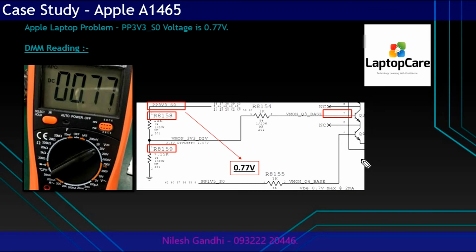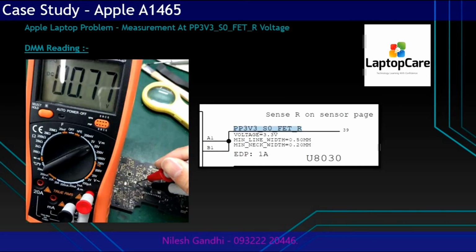Hence in turn the path will not be completed and we will not get our desired all-sys power good at the required level. So we need to find out the origin of PP3V3_S0 and check. While searching for the origin of PP3V3_S0, we came to the point at IC U8030 where PP3V3_S0_FET_R is the origin for PP3V3_S0.